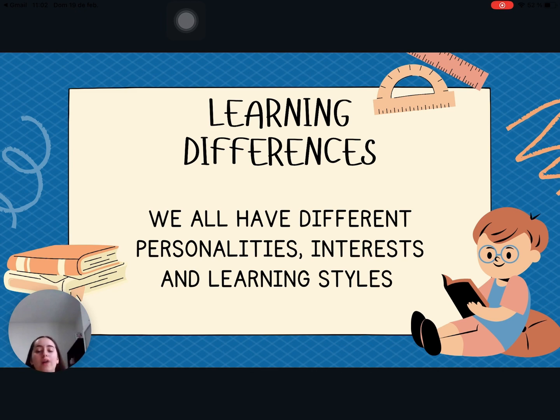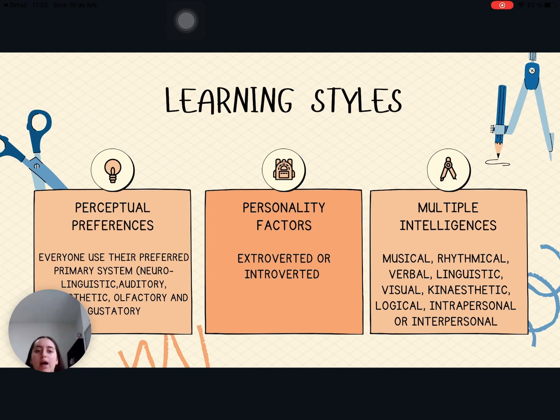So we have learning styles, which are believed to be strategies used either consciously or unconsciously while learning or performing. So we have perceptual preferences, which are related to sensory input. We have a lot of them. For example, visual, which is related to what we see.